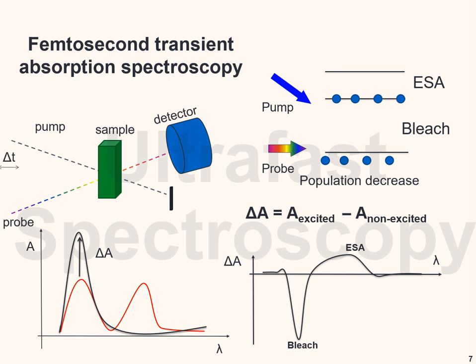And then the excited state absorption monitors the transitions between two different excited states here. What we can do next is change the time delay between your pump and probe and monitor how these signals return to zero. And that is the lifetime or the relaxation dynamics of the excited states.